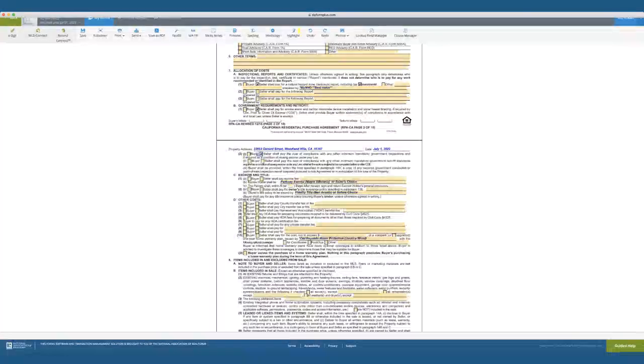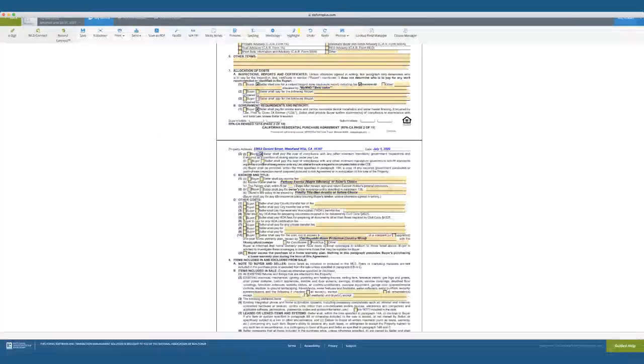Some areas require inspections prior to the close of escrow. Pasadena used to do it. They've laxed that, but I believe Thousand Oaks still does it. There are areas where certain inspections need to take place before close of escrow for that property to be transferred, and we ask that the seller do that.